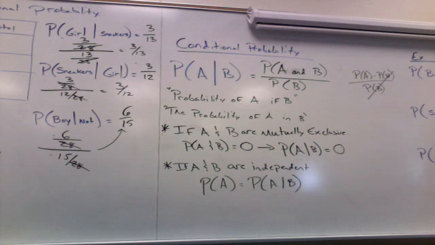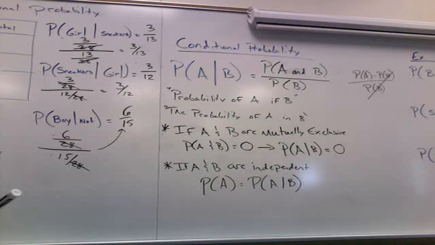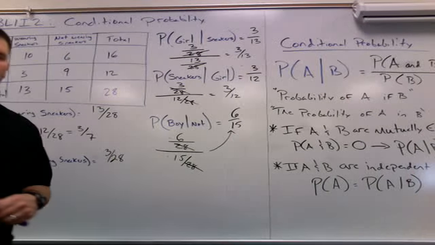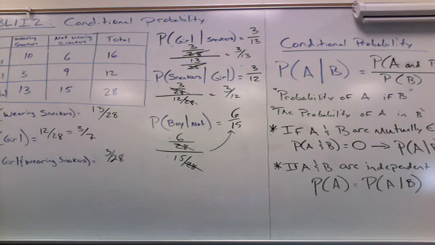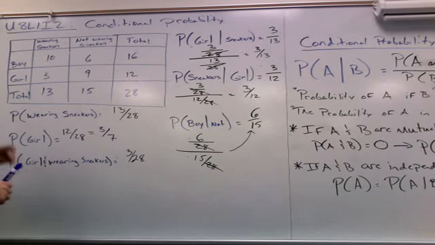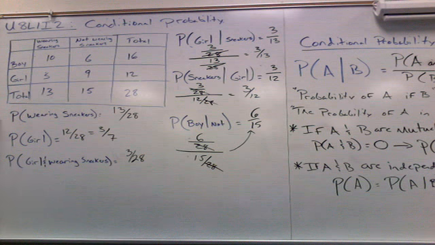So let's see what that last independent part means. Let's go back over here so we can see our data table and our independent stuff. Earlier, we calculated the probability of wearing sneakers, the probability of girl, right? So my question is, are these independent? Are they independent?